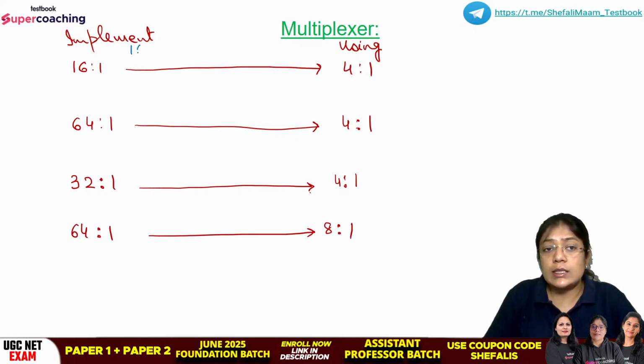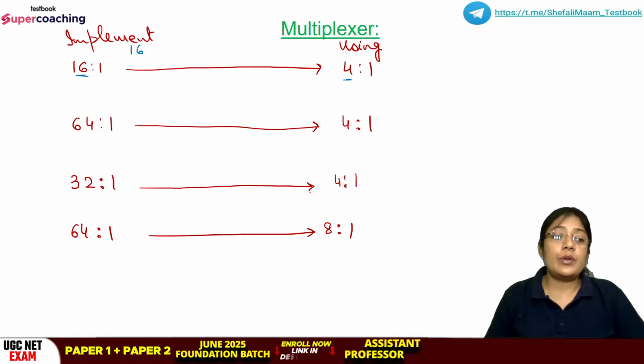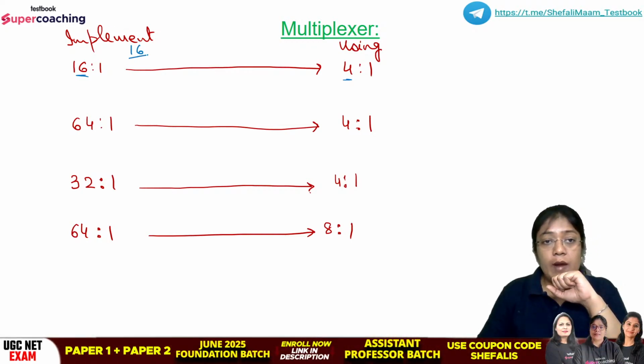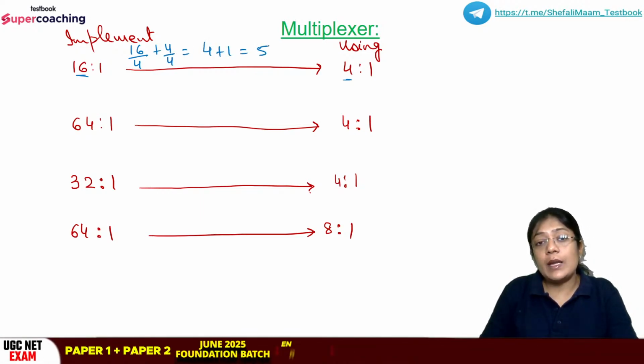So it will be 16 are the input lines. किस साइज के मल्टीप्लेक्सर से इंप्लीमेंट करना है? विद 4:1. So 16 divided by 4 is 4. 4 divided by 4 is 1. So 4 plus 1, that means 5 multiplexers are required.